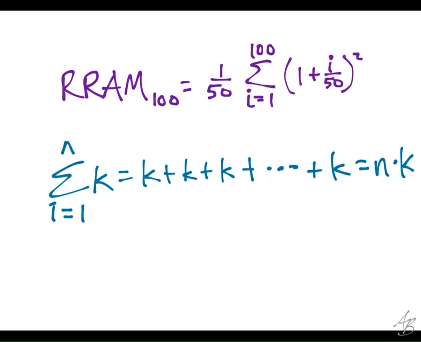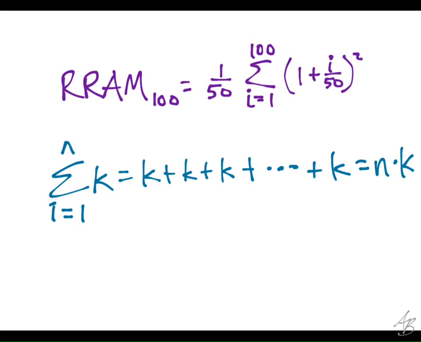This is actually really useful. So what we did is we took a sigma formula and we rewrote it as a very simple algebraic formula. All right, so anytime we are adding a constant together n times, however many times, say 10 times, we just multiply that constant times the number of times we added it together.